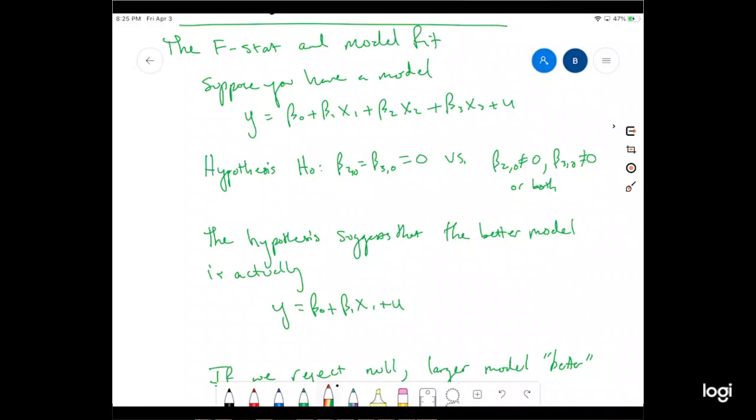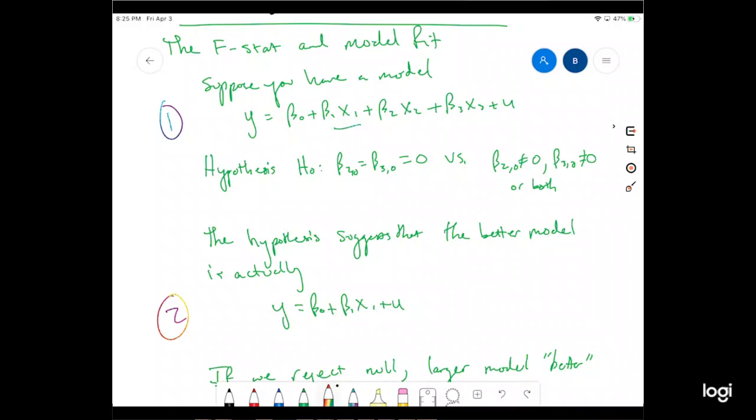Now, what is the point of this hypothesis? Maybe our variable of interest is x1. That's the one we're really interested in. We want to know, does x1 affect y? And we think x2 and x3 might be important control variables. So let's test two different models. Let's test the large model, which we'll call model 1, versus model 2, a smaller model that doesn't have x2 and x3 in it.